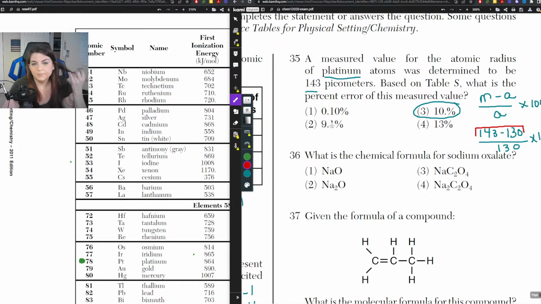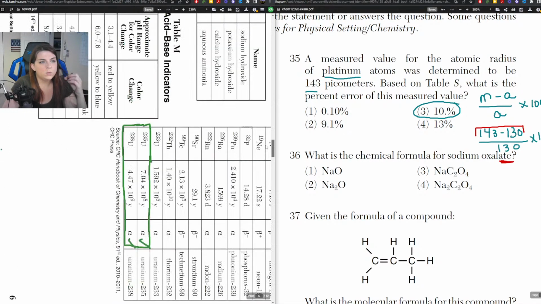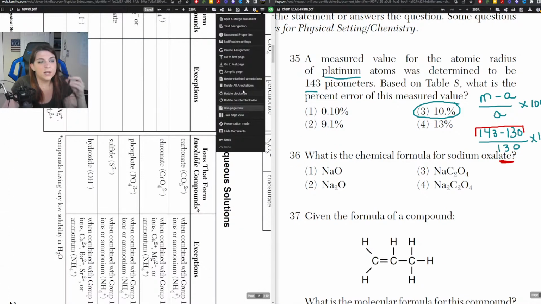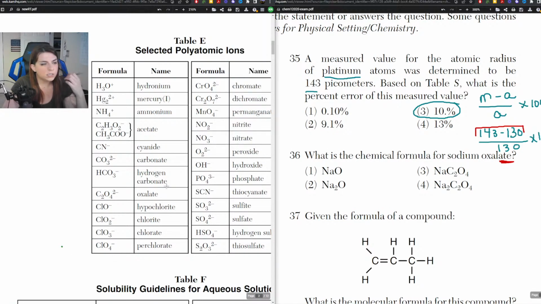And that's that. The chemical formula for sodium oxalate. Oxalate, -ate, tells me that I probably have a polyatomic ion in my compound. And we do, because oxalate is a poly. But it doesn't come up often, so even I haven't memorized it. Oxalate, right here.